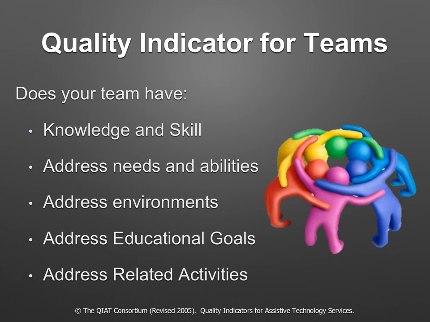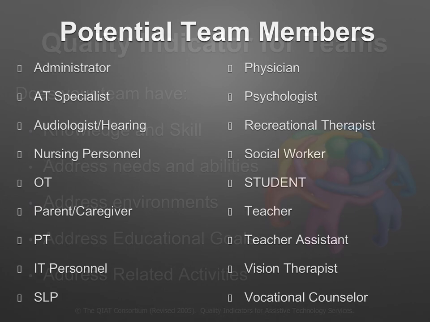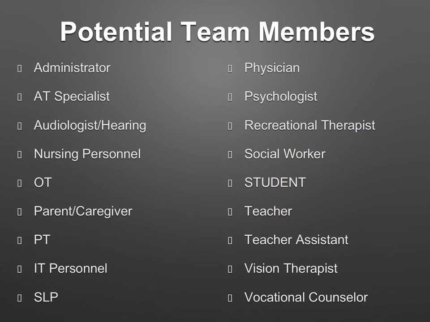Often, an individual is given the responsibility for being the AT team and having to conduct assessments and make decisions outside their area of expertise, or individuals on the team don't seek additional help to conduct an AT assessment. So who should be on your team? If you have a request for a computer access assessment, you might want to have an OT on that team.